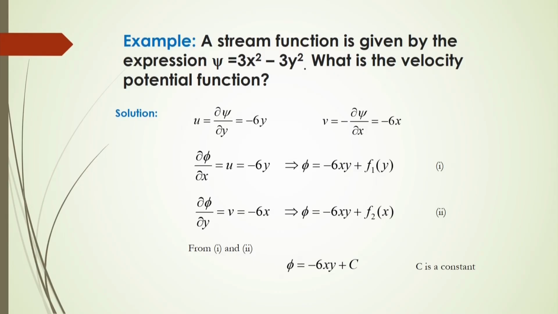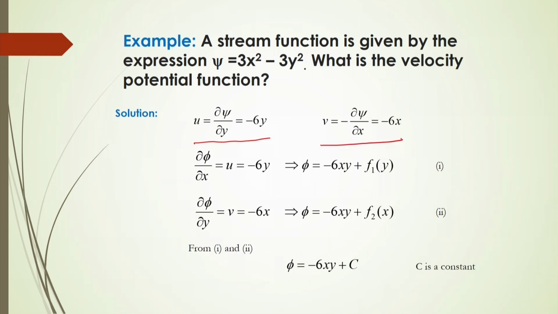Suppose a stream function is given by the expression psi equals 3x² minus 3y². Then what should be the velocity potential function based on this stream function? So, we know that u will be equal to ∂ψ/∂y. If we differentiate it, we get minus 6y.